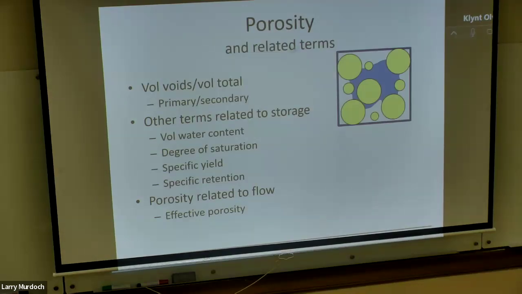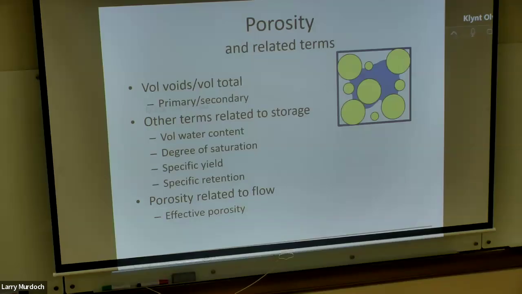So these are kinds of porosity. So we'll want to look at this term porosity. In general, it's the ratio of the volume of voids to the total volume in a porous material. So it's the white space and the blue space added together. That volume as a ratio with the total volume here.